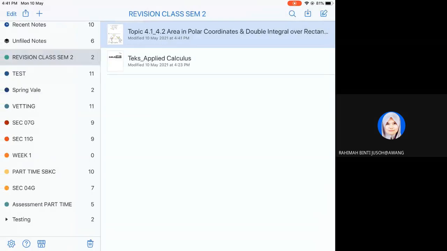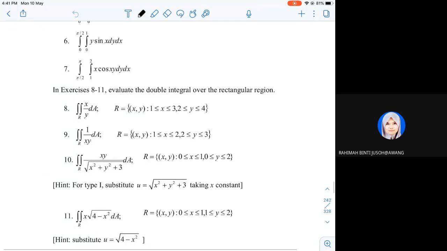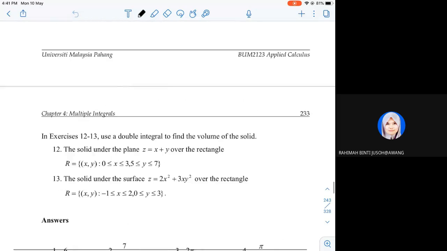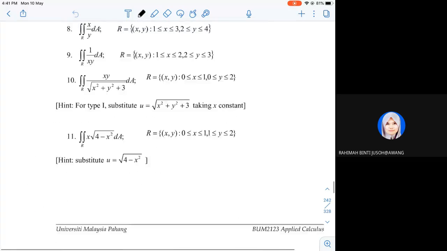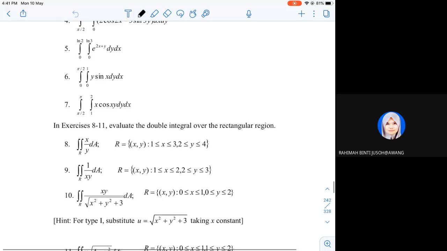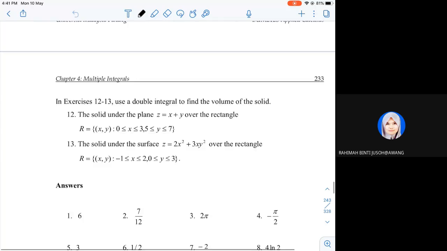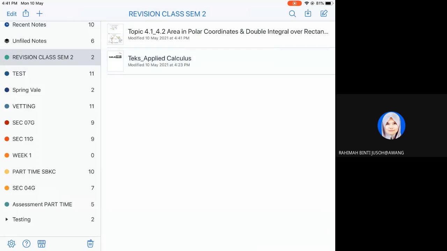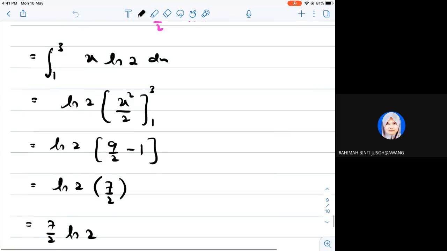Is it correct? Which question number are we on? Number 8, and the answer is 4 ln 2. Did I make a mistake anywhere, guys? 1, 3, 2, 4. Oh, it is 9 over 2 minus 1 over 2. Oh my god, thank you so much.